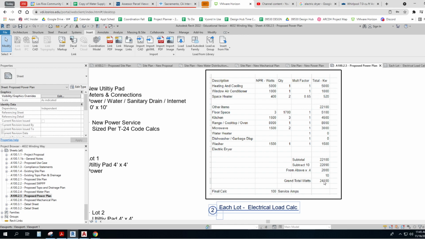Okay? And we know that if you know your voltage and you know your watts, you can find your amps. That's just a real common one. Watts divided by voltage is amps. That's just how it's figured out. So that's what we did right here. We did watts divided by voltage, and it's always 240 for a residential.